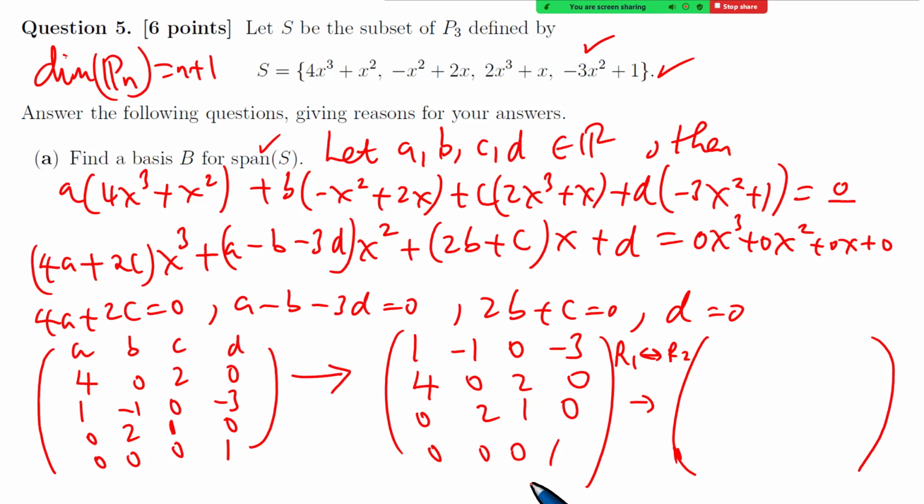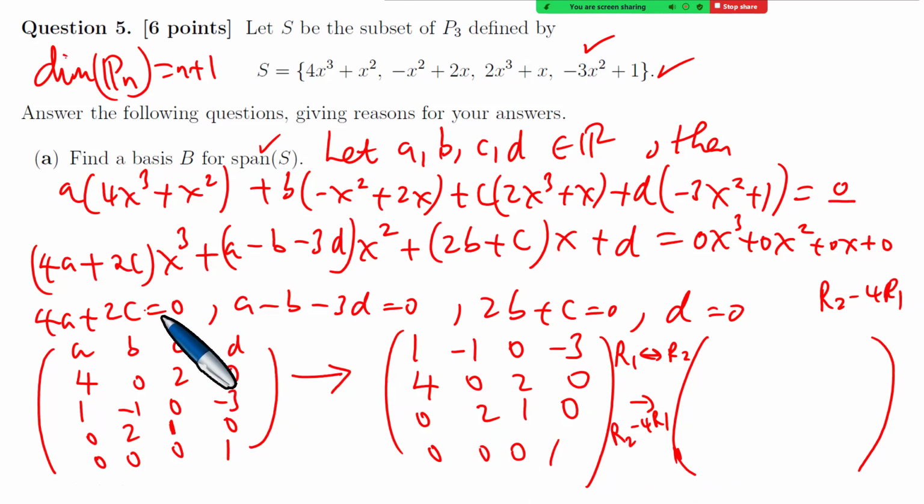Next, we want a 0 here. To get a 0 here, because of space, I'm just going to write it here. So you can say row 2 minus 4 row 1. We say row 2 minus 4 row 1 because we're trying to get a 0 here.